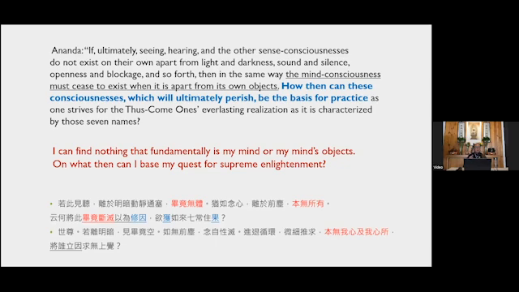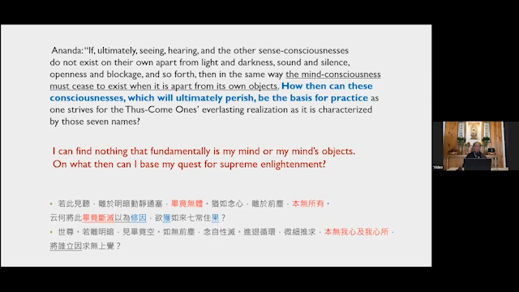The mind consciousness must cease to exist when it departs from its own object. That's Ananda's view. So how can this consciousness, which will ultimately perish, be the base for practice? That means when your 6 organs are not functional, how can you practice and see the Buddha nature? Because I can find nothing that is fundamentally my mind or my mind's object.